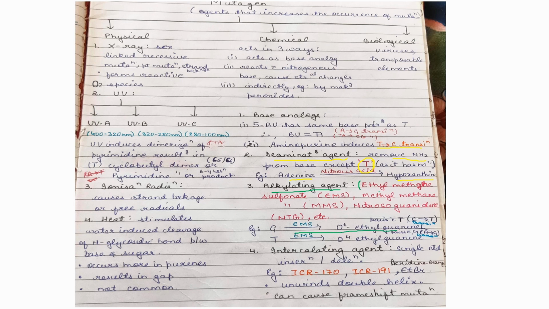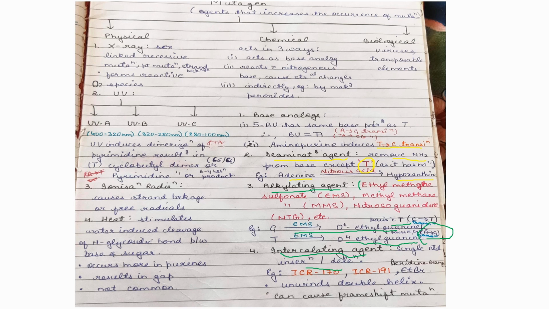Like if G is modified by adding EMS, it pairs with T, so it leads to C to T transition. Similarly, when in T EMS is added, it converts to O4 ethyl guanine, which pairs with G and leads to A to G transition.